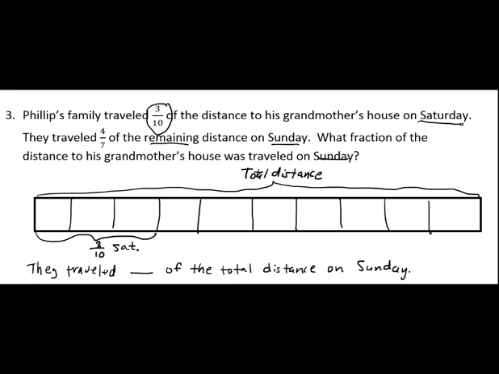Next it says they traveled 4/7 of the remaining distance on Sunday. Well, the whole remaining distance is that section of the tape, and you can see that that's 7 pieces. Well, 4 out of those 7 pieces were traveled on Sunday. So we'll say these 4 pieces were traveled on Sunday.